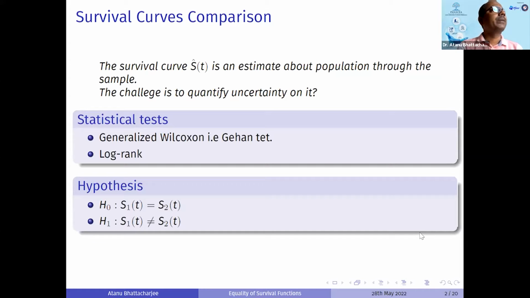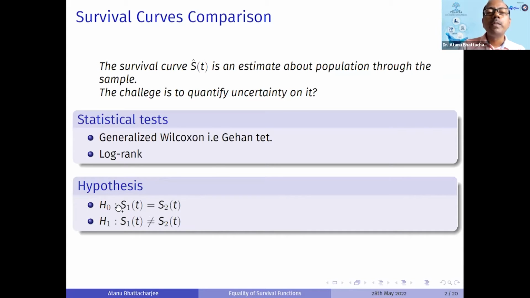Treatment 1 could be chemo and treatment 2 could be radiation, or treatment 1 could be chemo, one kind of cisplatin, and another is cetuximab, any combination of the two therapies. So S1 and S2 represent the two types of treatment, and corresponding to these two types of treatment, the survival function values that you are going to estimate are what we are going to compare, with the null hypothesis.